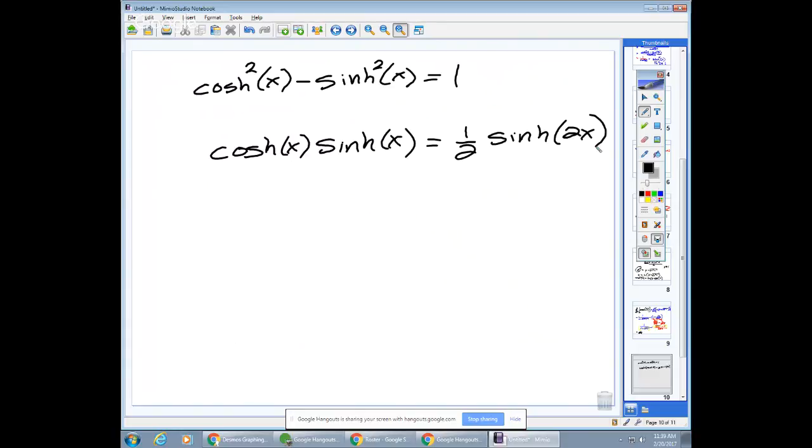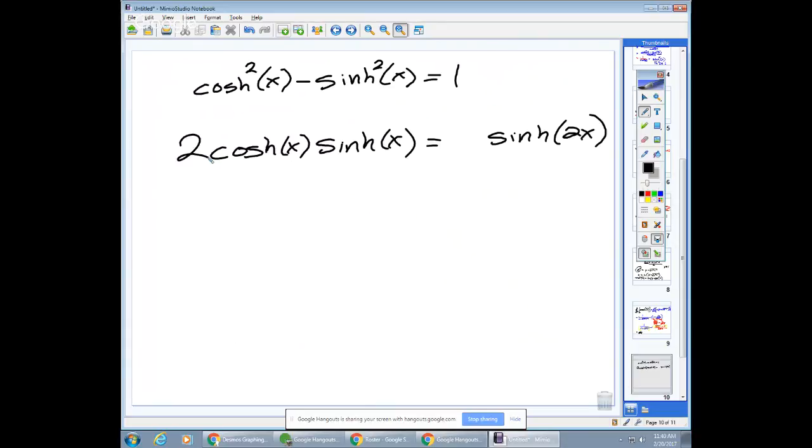Is that right? Yep, that's right. Which, if you think, hey, couldn't I put the 1/2 on the other side as a 2? Does this look familiar? It is the sine double angle formula.